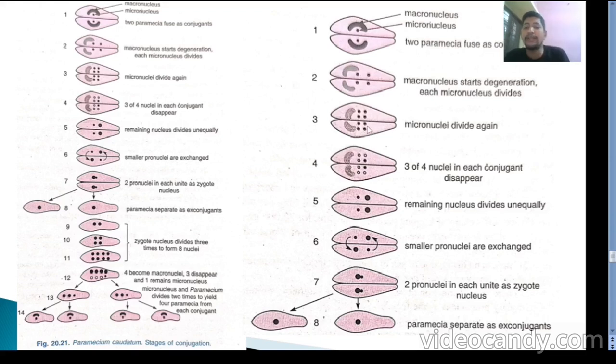Four micronuclei are formed in each paramecium, and you can see the macronucleus slowly disappearing. So the macronucleus will disappear, and from a single micronucleus four micronuclei are formed.